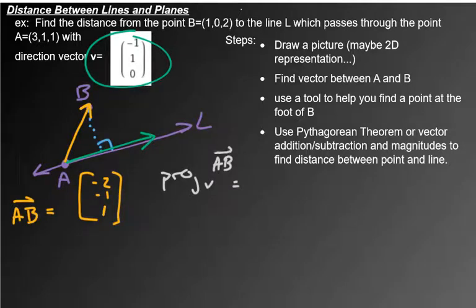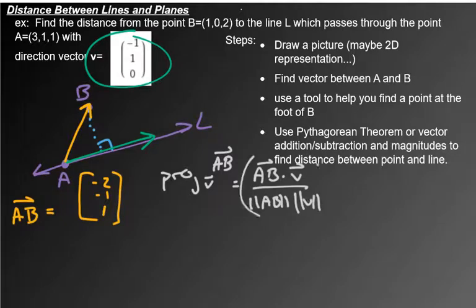So we're going to have to do AB dotted with V over the magnitude of AB times the magnitude of V. And that's going to act as my scalar on the vector V. And so if we just calculate that, the dot product is going to give me, if I did my mental math right, a 1 on top, and then the magnitude of AB would be 4 plus 1 plus 1, so square root of 6.